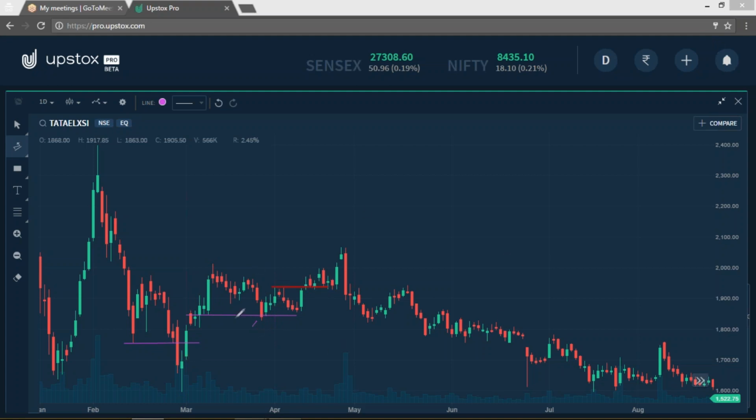Right. So actually, it's easier this way. This is a trade, but we've identified it wrong. So we should be looking at this swing low. Okay, so this is the swing low. This is the breakdown.